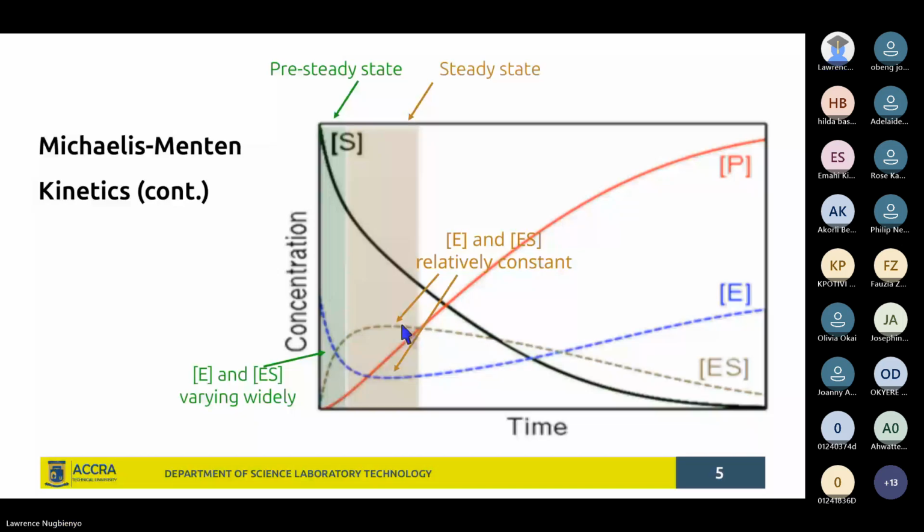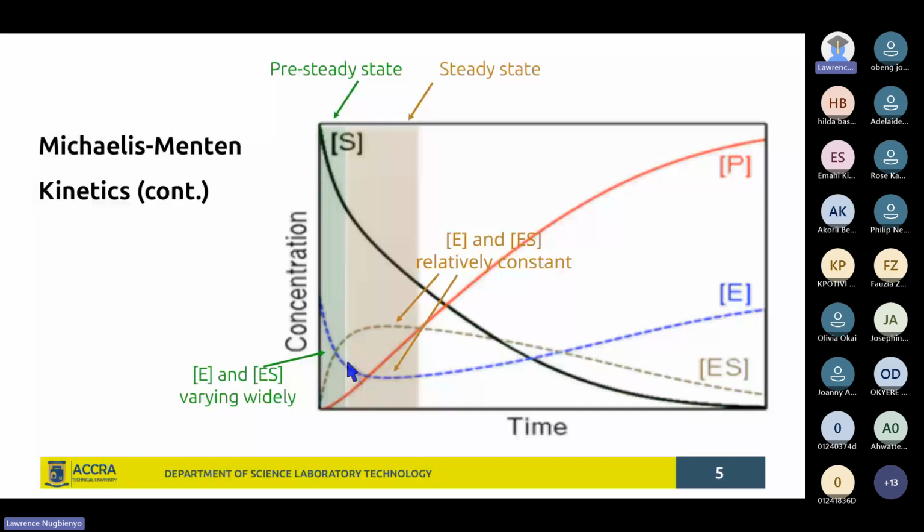Similarly, since you have the enzyme molecules binding to the substrate molecules, you have the enzyme concentration also reduced up to a stage where you see that the enzyme concentration is also constant.